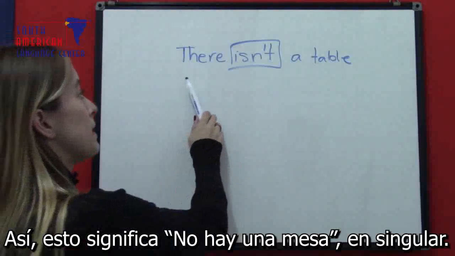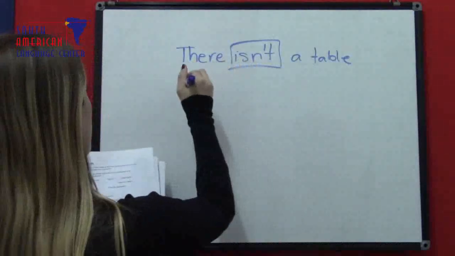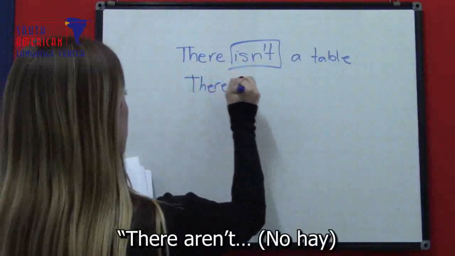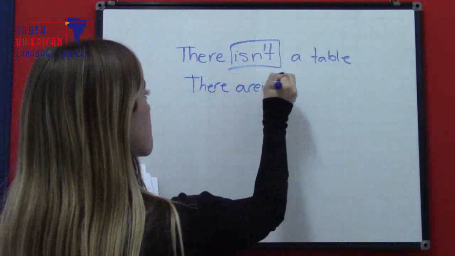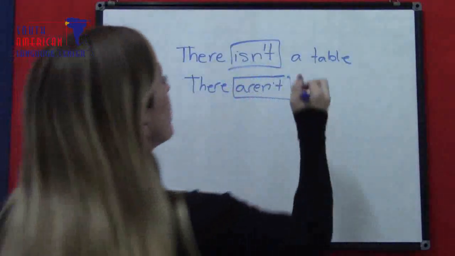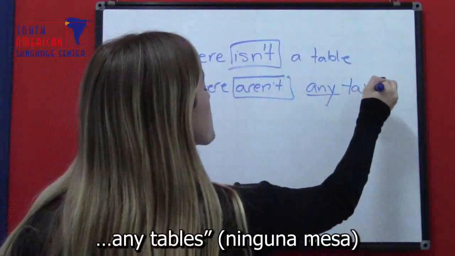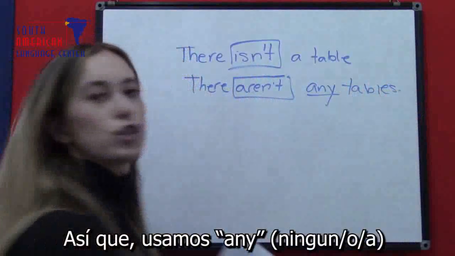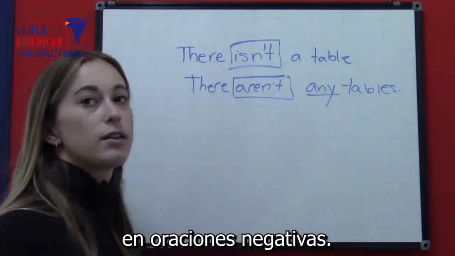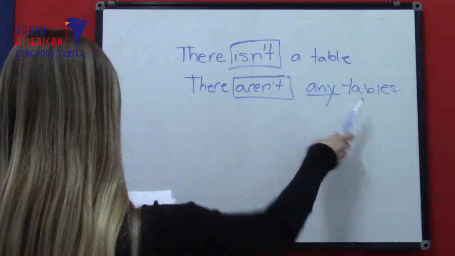So this means there is not a table in singular. If we want to use a plural sentence, we say there aren't, which is the contraction for are not, any tables. So we use any in negative sentences. So there are not any tables.